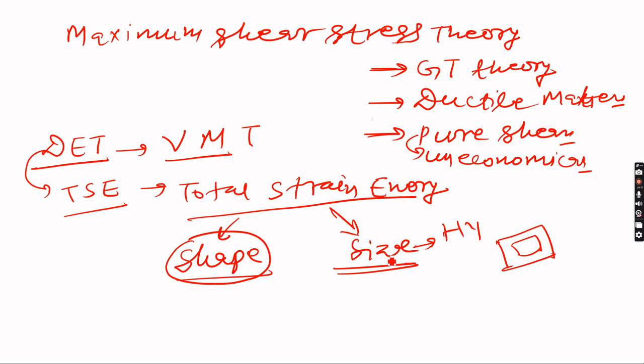Shape will remain same. Okay. So size change and shape change. In shape change, what you are doing, you are distorting the object. Simply you are distorting. So you will apply some shear to distort the object. Okay. So this part is also known as distortion energy, and this part is known as the energy required to change the size. Hydrostatic, you can say.